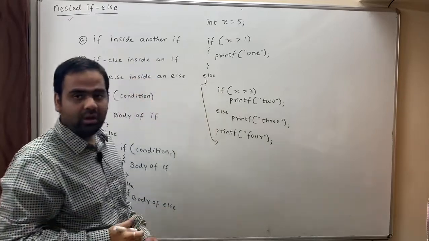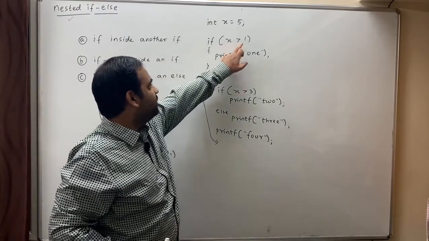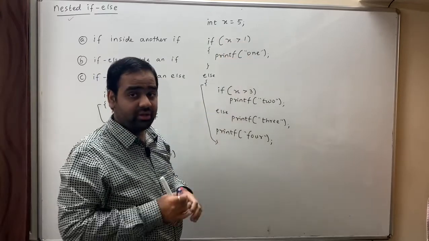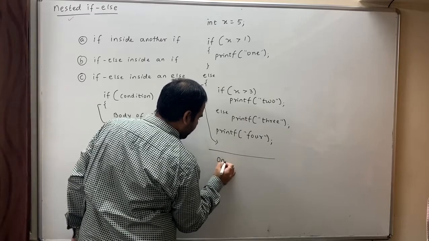Okay, how does it work? First it will check the if: 5 greater than 1, yes, 5 is greater than 1, therefore on the output screen it will print 1.